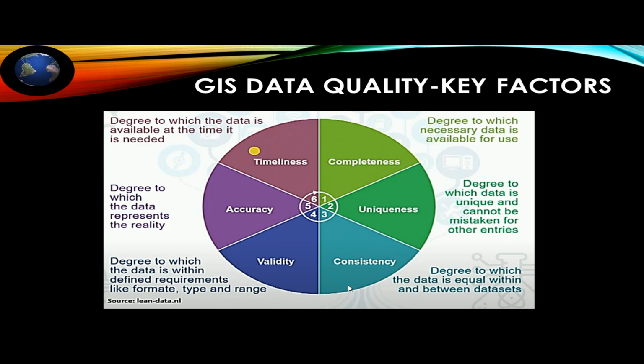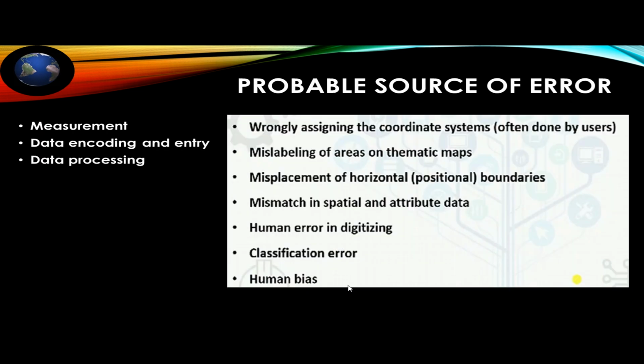So how reliable it is, how much information I am going to collect over time, and how much modification has come into the picture. As things are advancing, we are getting more data in our hands, using the network and so on. So it is about the data being available at the time when it is needed. This is also a key factor in GIS data quality.